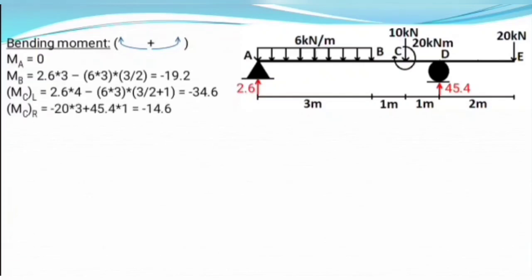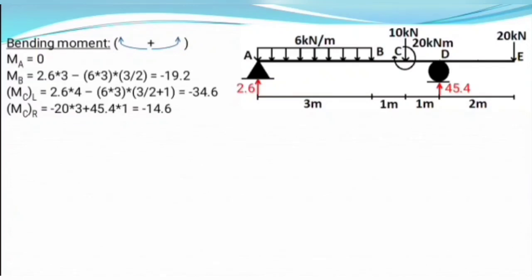And at just right of C, here we have taken account of forces on the right side of that point. So just as I said before, if we consider forces on the right side, our sign convention is anti-clockwise moment is positive.